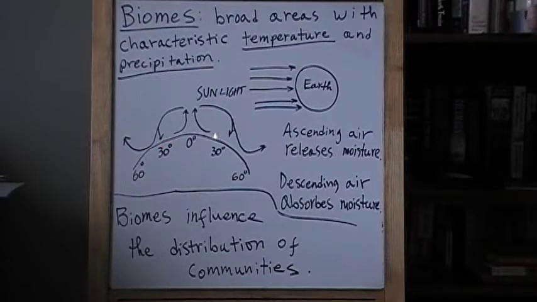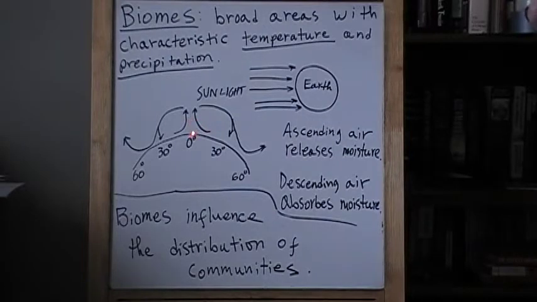So here we have this in more detail. So at the equator, that's 0 degrees. The direction of the light influences the movement of the air currents.